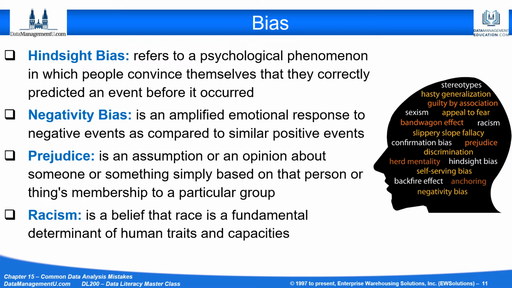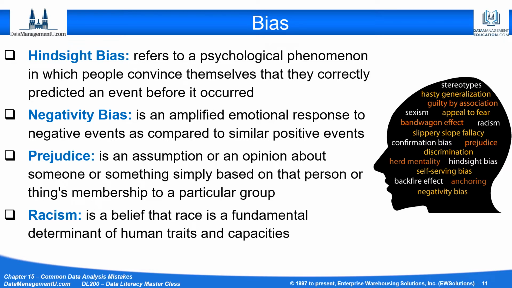Prejudice. This is an assumption or an opinion about someone or something simply based on the person or thing's membership to a particular group. Racism. This is the belief that a person or group's race is a fundamental determinant of human traits and capacities.